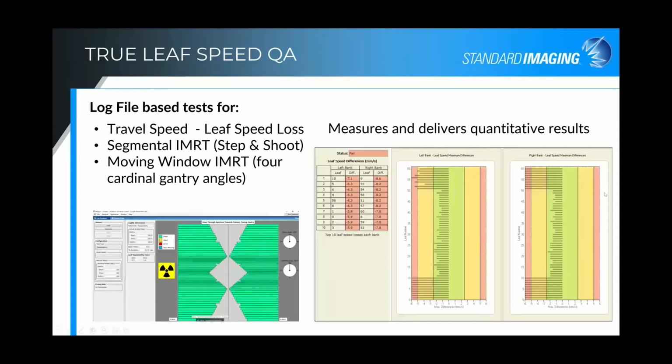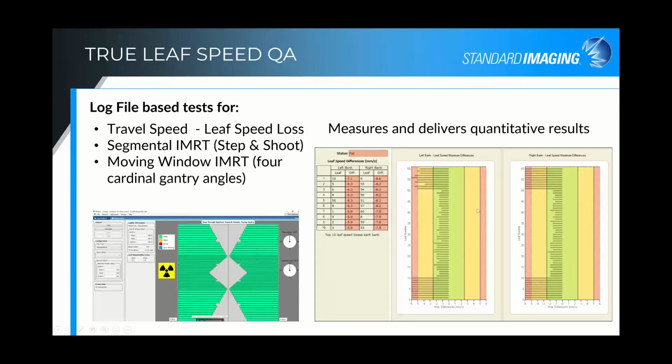And then you can also see here, this is kind of what I call the 10 worst culprits. So they find the 10 worst results for the different MLC leaves in each bank and report on that accordingly. But in the software itself, you can actually hover over each leaf, and it will give you the individual leaf's loss in millimeters per second as well.